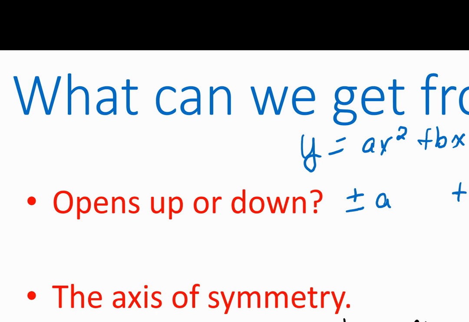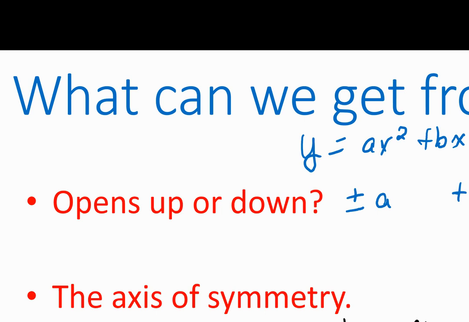Now, to find coordinates of the vertex. The axis of symmetry above gave me the x coordinate of the vertex. So x equals negative b over 2a gives the x coordinate. To find the y, you need to plug in the x.